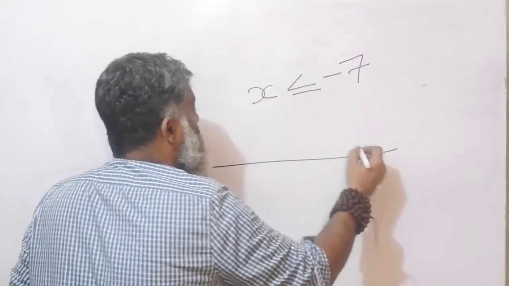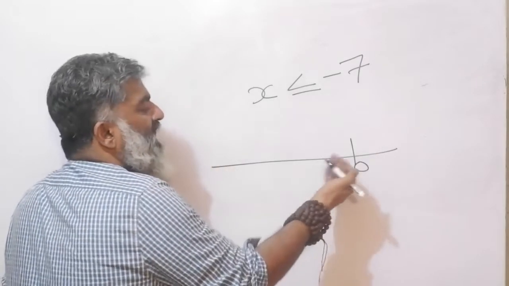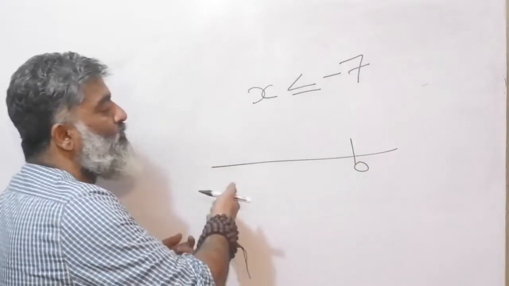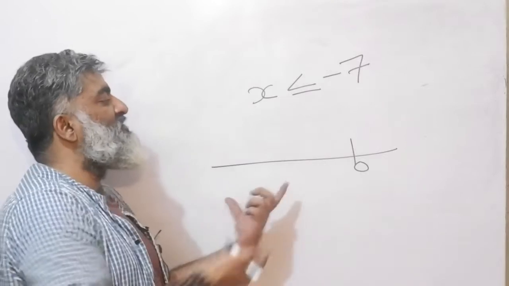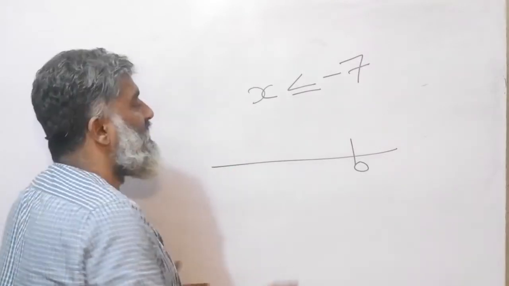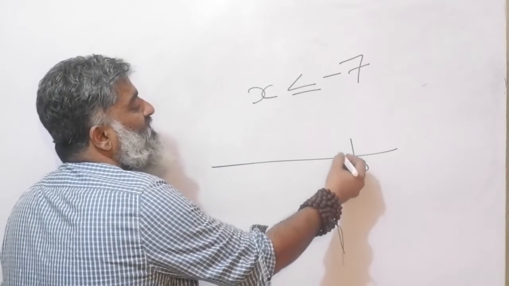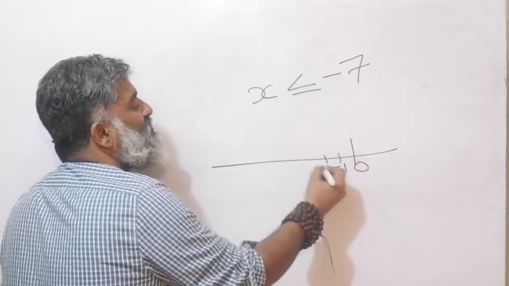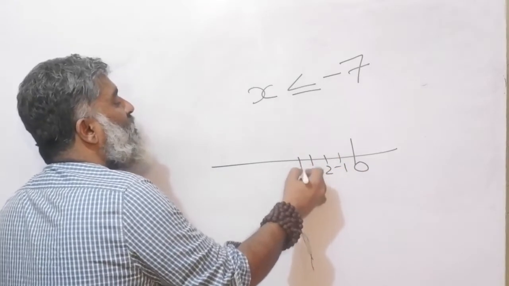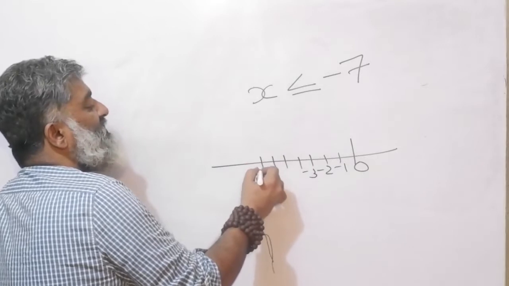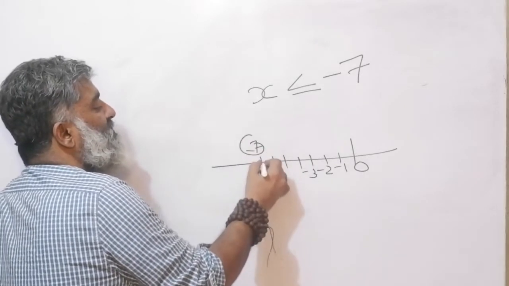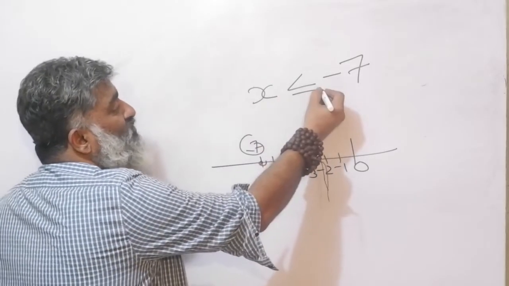So again, think of the number line. You have 0, and I'm putting a 0 anywhere. I'm hoping that this very basic interpretation of numbers on a line everybody is okay with. On the left of 0, I have minus 1, minus 2, minus 3, 4, 5, 6 and 7. So this is my minus 7 point. x is less than or equal to minus 7.